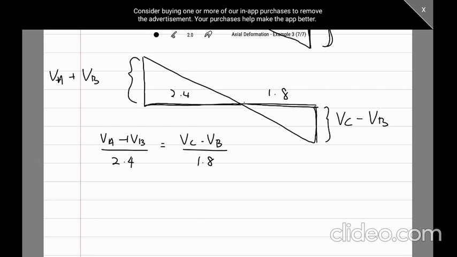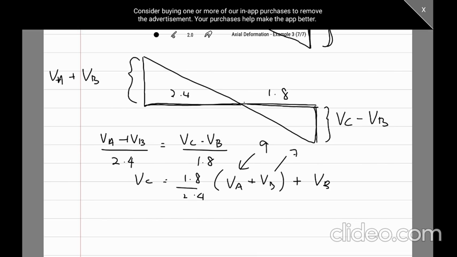So just rearrange this. You should get VC equal to 1.8 over 2.4 times VA plus VB, plus VB. So you know that your VA is 9, VB is 7. So just substitute the value. You should get your VC equal to 19 mm.